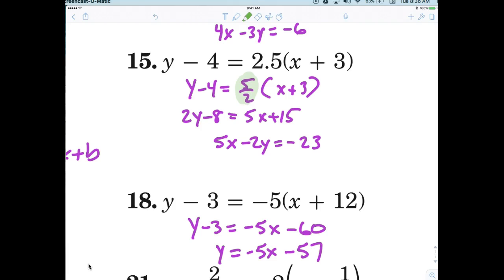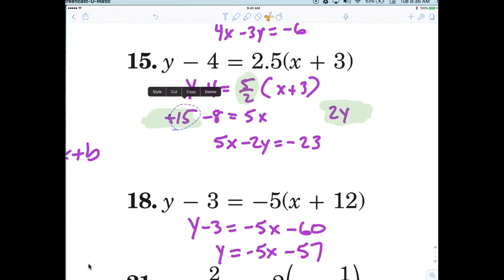Now, what do I have to do to both sides? Multiply by 2 and distribute the 5. Good. Does everybody see 2y minus 8? Does everybody see 5x plus 15? I want the x to stay positive, so I move the 2y over, and I move the 15 over.